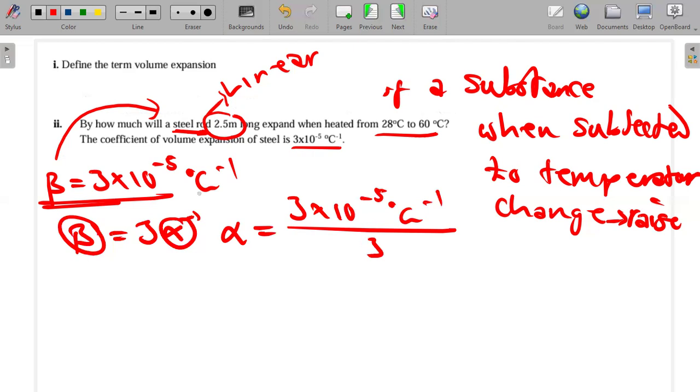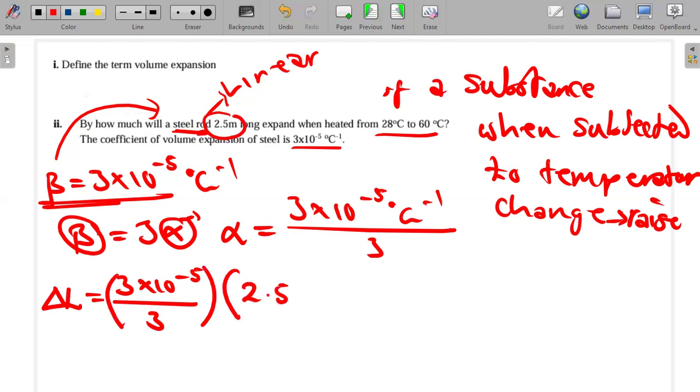So from here, we can now bring our formula for linear expansion. We'll say change in length will be equal to alpha, which here is 3 times 10 to the power minus 5 divided by 3, multiplied by the initial length, which is 2.5 meters, multiplied by the change in temperature.